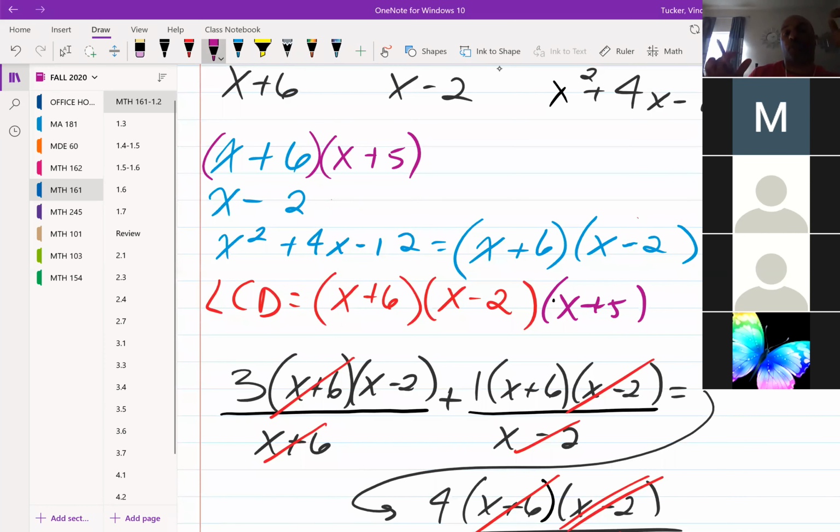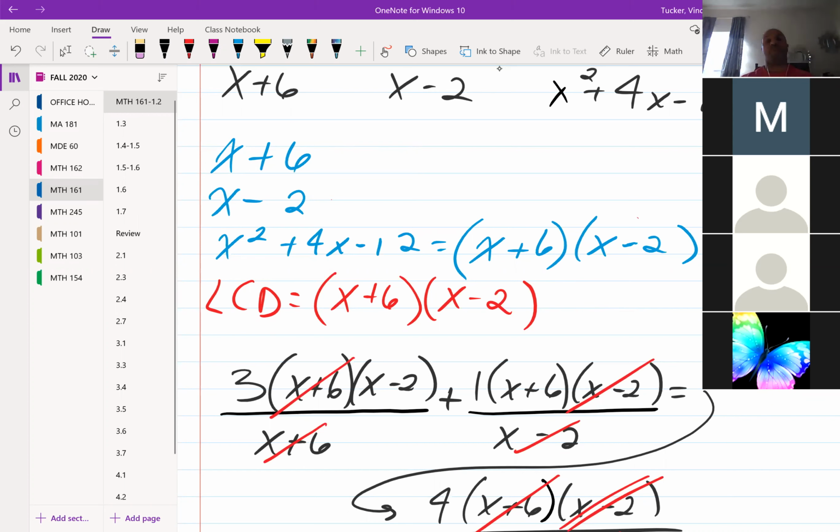So each quantity that you see needs to be represented in your LCD. Gotcha. Because the x squared kind of got a little confusing, but it just wasn't reduced down. If we reduce it down, then there's no reason to be worrying about it. Right, exactly. Don't push the panic button.